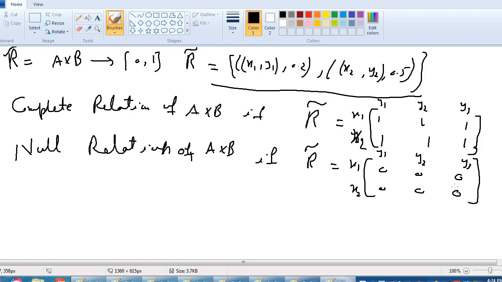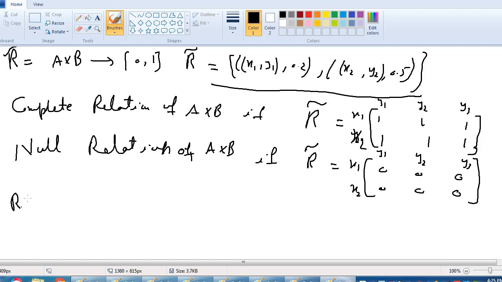Now we take an example and we see that if we have two relations R and S, then how we take their union and intersection and how we take their complement. This is just an example. We have the sets R and S already.